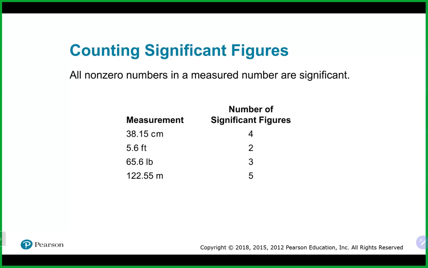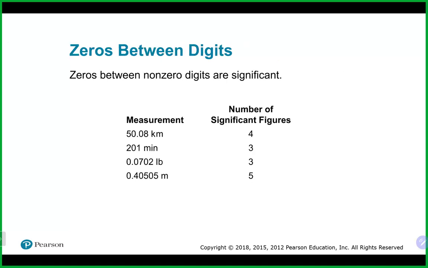Same thing here. Again, all these are non-zeros, so every single one of these digits in each of these measurements is going to be significant. So we got 4, 2, 3, and 5. Again, our zeros in between are trapped and significant. So that's going to pretty much make all these significant.